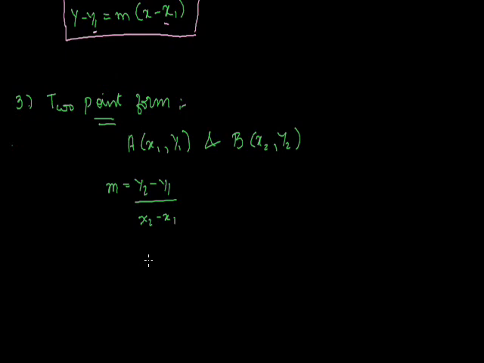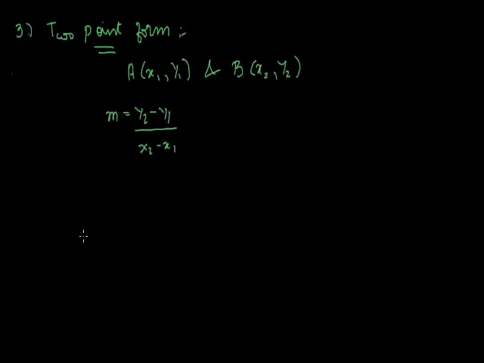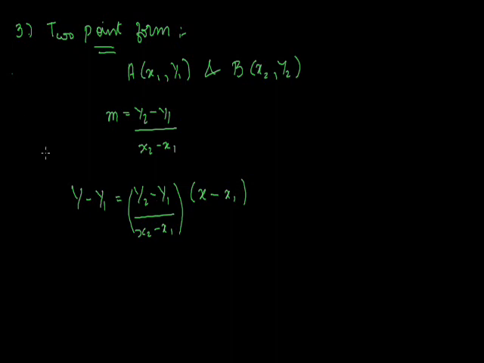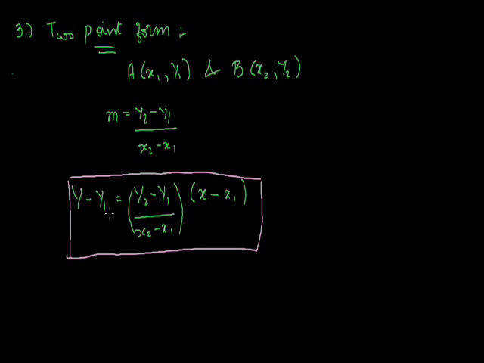So our equation of the line becomes y minus y1 is equal to y2 minus y1 upon x2 minus x1 of x minus x1. So this is the equation of the line which passes through 2 points x1 y1 and x2 y2.